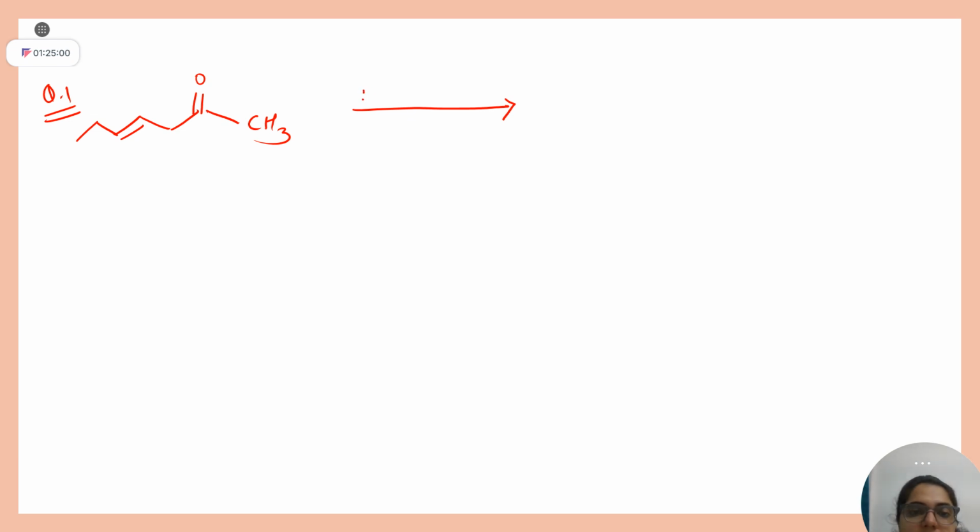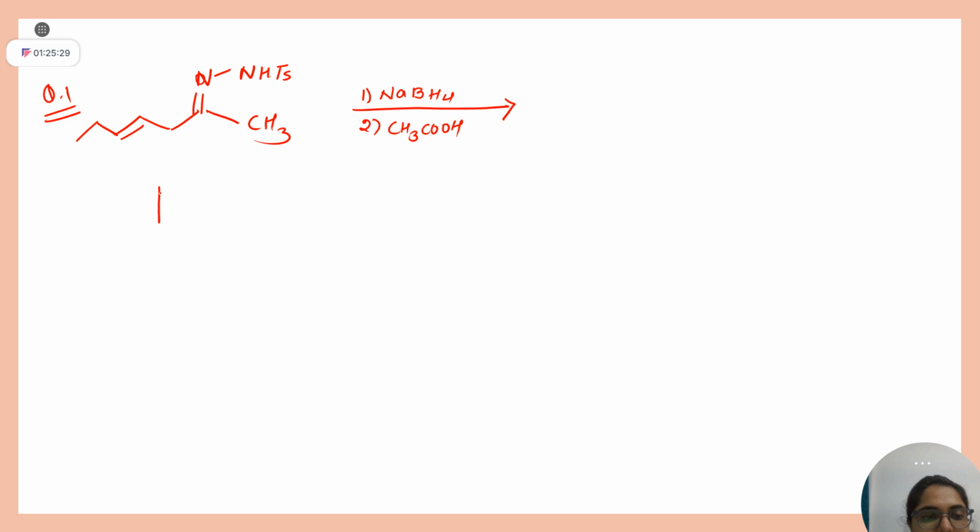Let's say on the arrow, first it is written NaBH4, and second it is written CH3COOH. This is actually the next step. First, okay, this is your N. Okay, now it is clear.